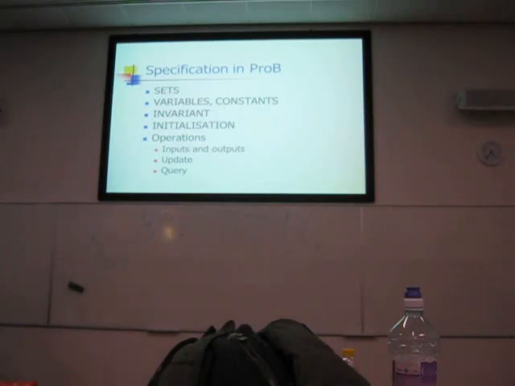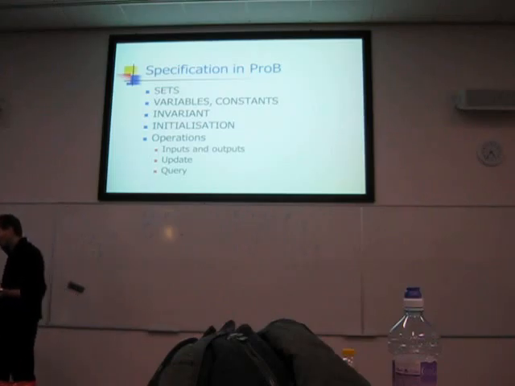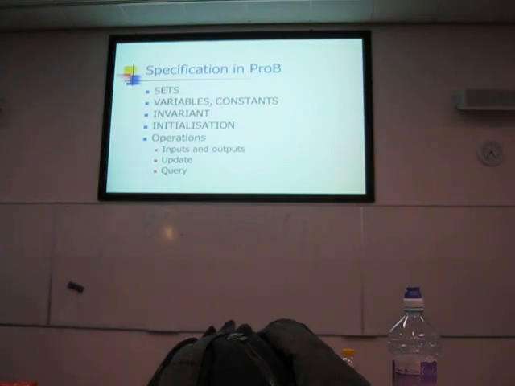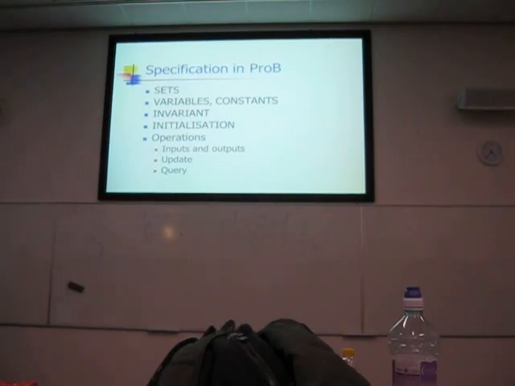Which we then use basically to put it all together and create a system that uses our set notation and relational notation and compositional logic to describe systems. And that's exactly what we do in Java as well, basically.